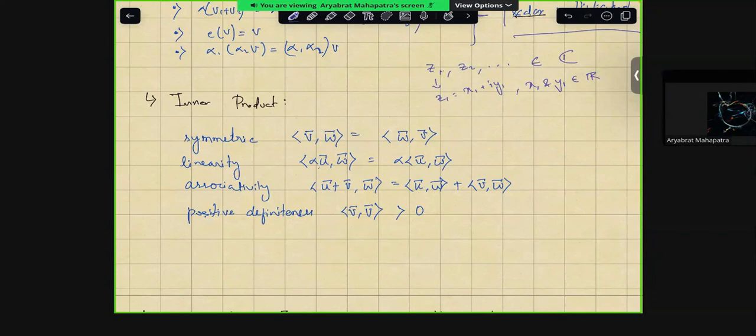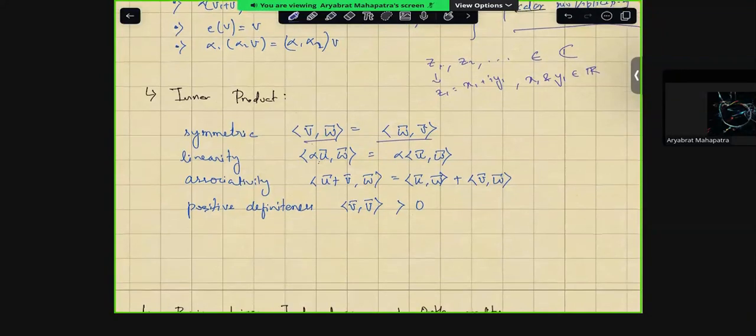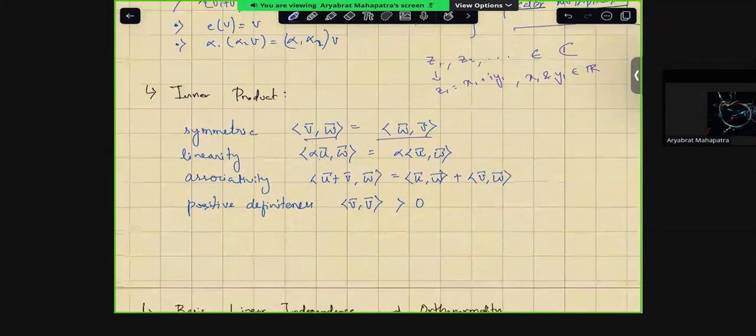The important properties of inner products are that they are symmetric, which you can prove this way, and linearity, associativity, and positive definiteness.